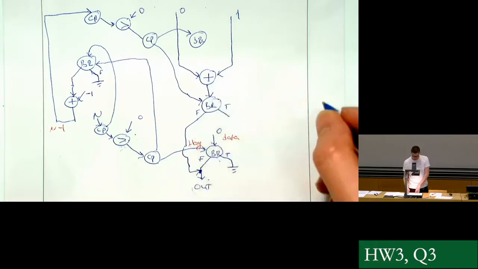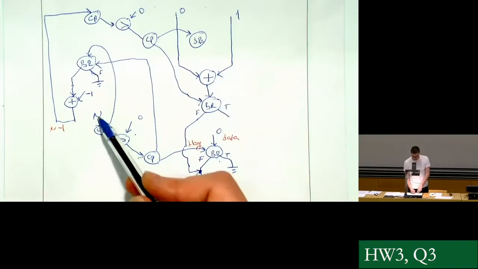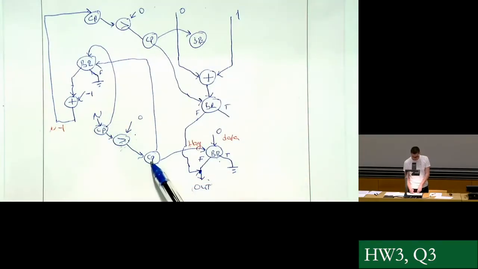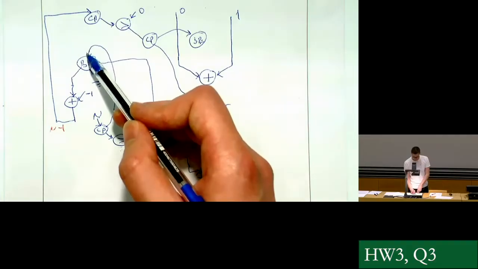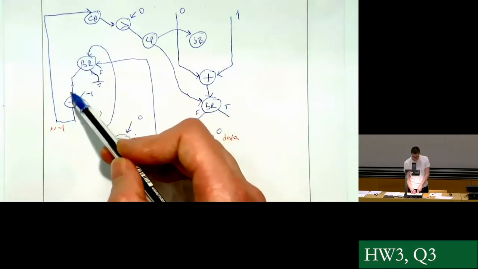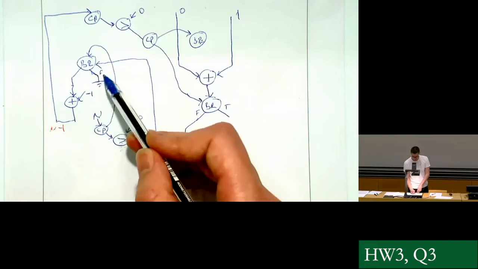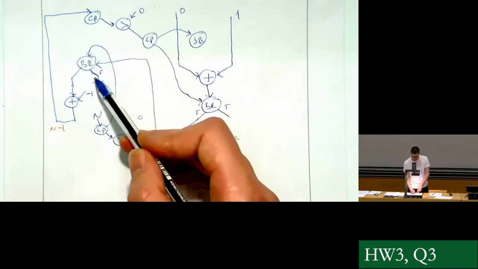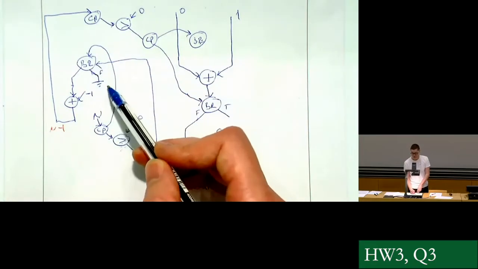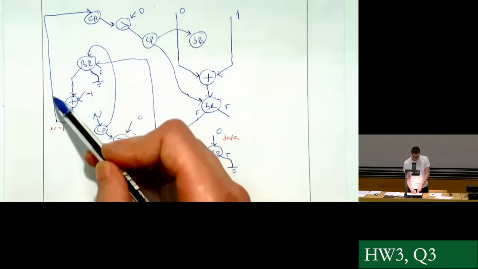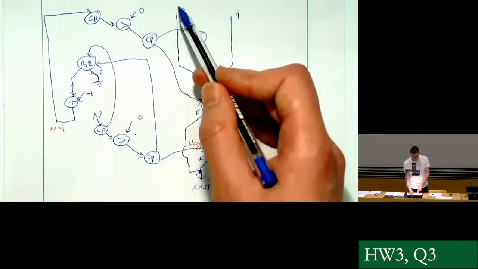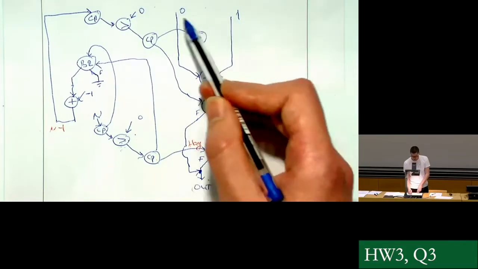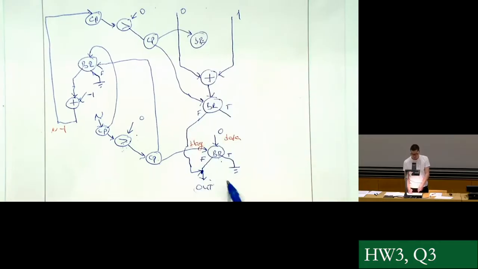For example, for the n equals 1 case, this will generate true, right? Then this value will be consumed, and this true will go here, and this will cause n minus 1 to be generated. If this was false, n minus 1 would not have been generated because it's grounded here. Okay, n minus 1 is generated, and then it's forwarded here. And this is basically the sum of 1 and 0, which is forwarded to the out.